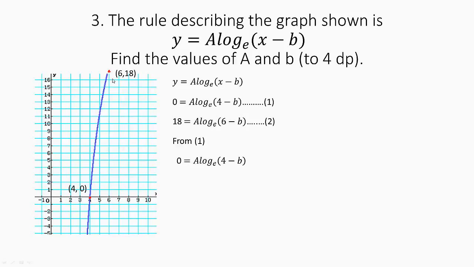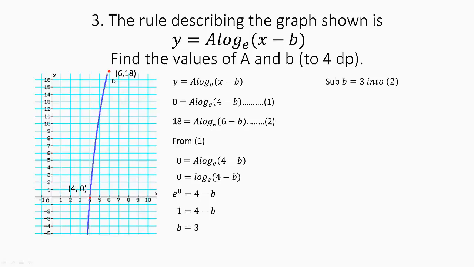This time, instead of adding or subtracting, we're going to try and find a value here. So I'm going to make that equal to 0, divide both sides by a, the a cancels out. That gives me e to the 0 equals 4 minus b, 1 equals 4 minus b, so b equals 3.